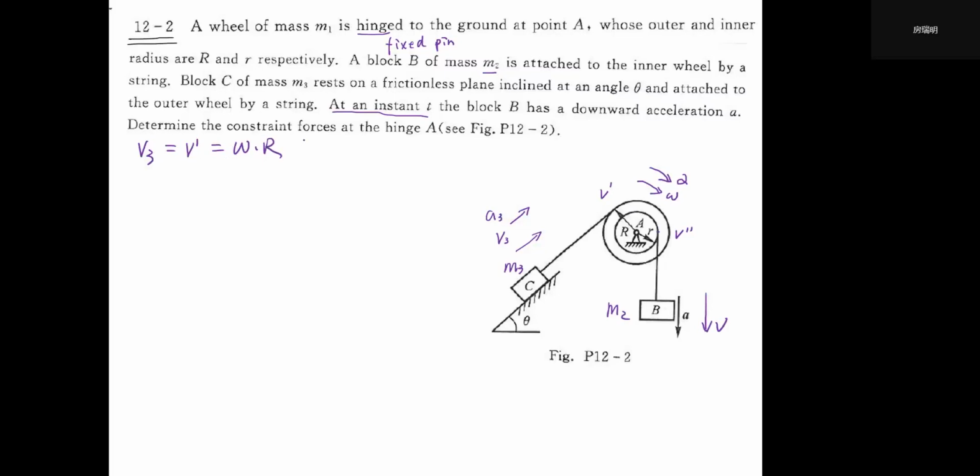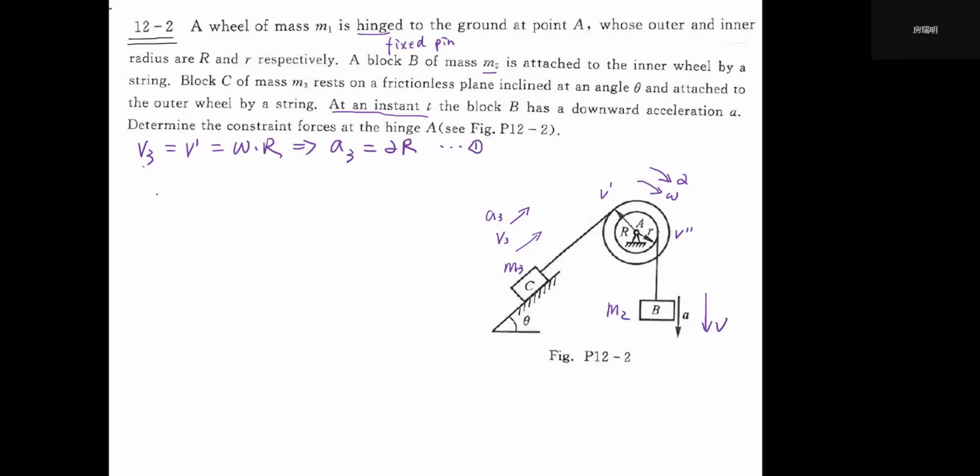If we take the derivative with respect to time t from both sides, we'll easily find its acceleration A3 equals alpha r. This is a very important relationship we should know before we do analysis.